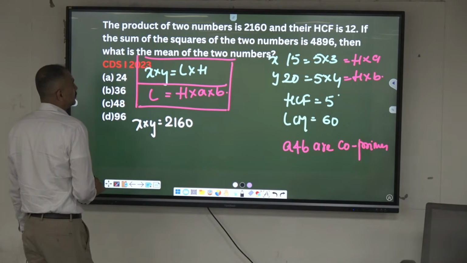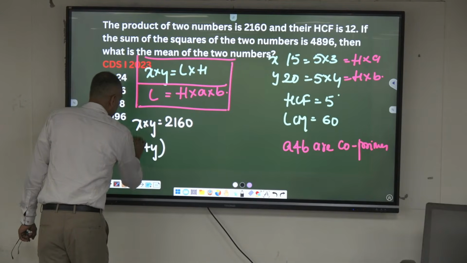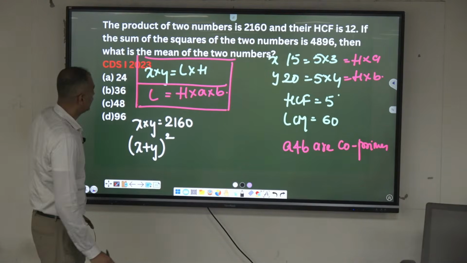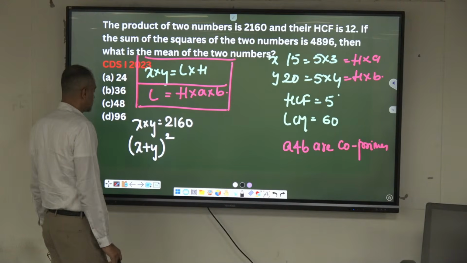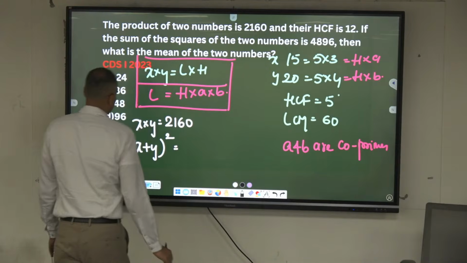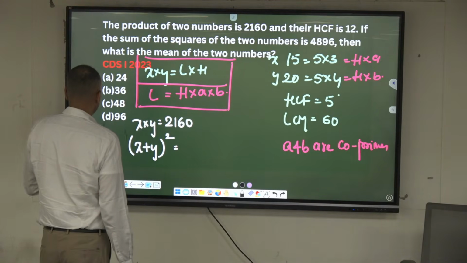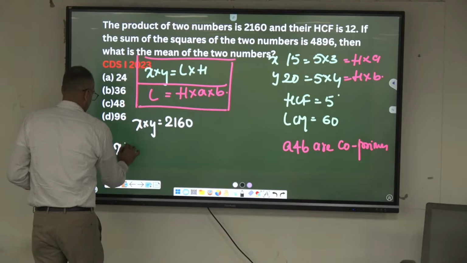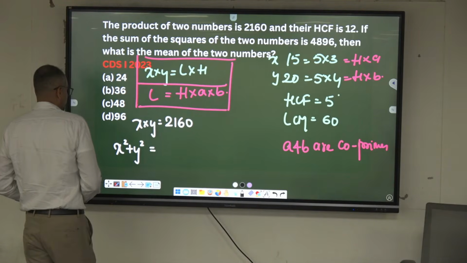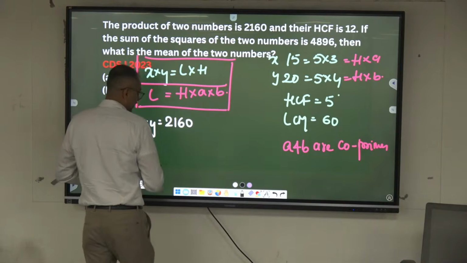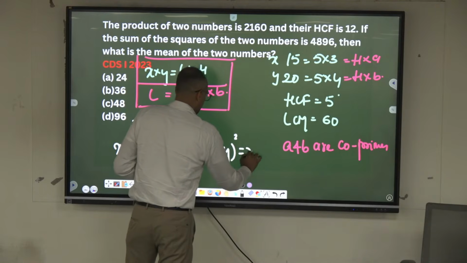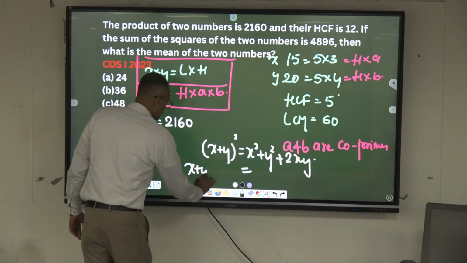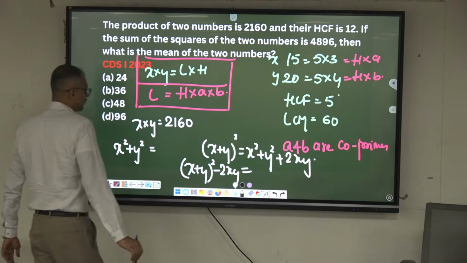If the sum of the squares of the two numbers, not square of the sum, the sum of the squares, is equal to 4896. So x square plus y square can be written as x plus y whole square minus 2xy, isn't it?